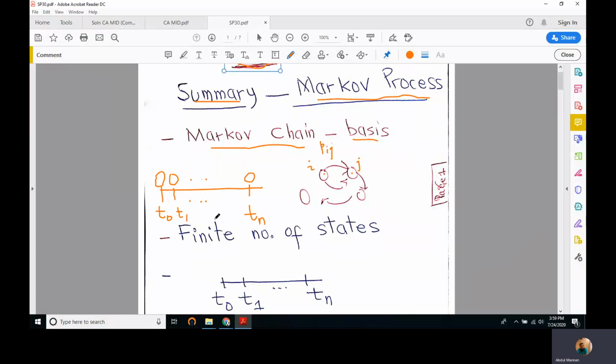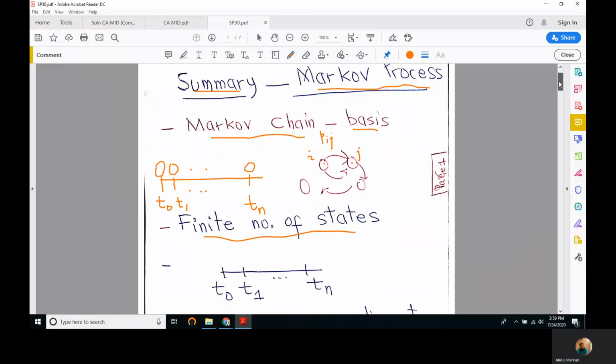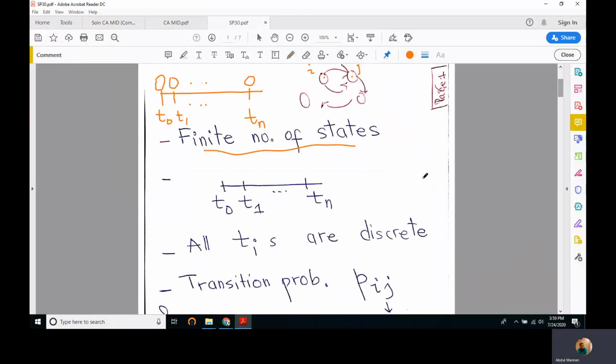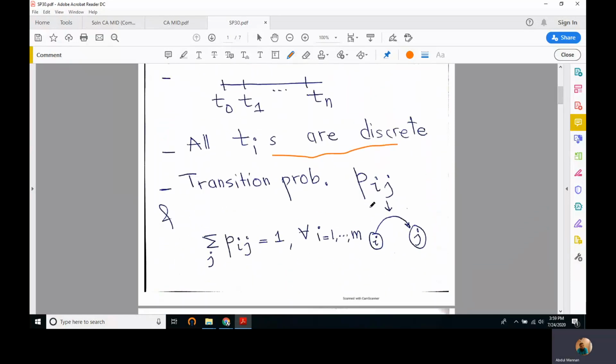They're not continuous. We studied only discrete time processes with a finite number of states. The number of states is always limited, countable. They're not uncountable. They are discrete time intervals, and transition probabilities are this p_ij, the probability of going from i to j.